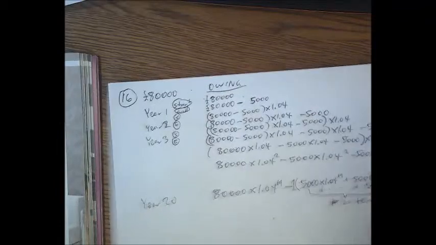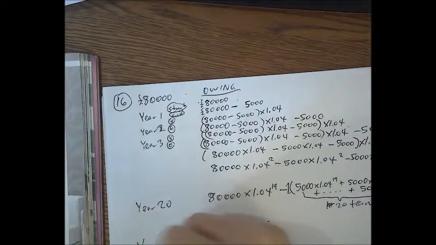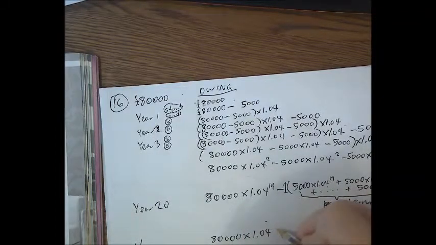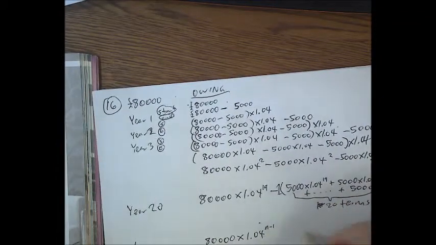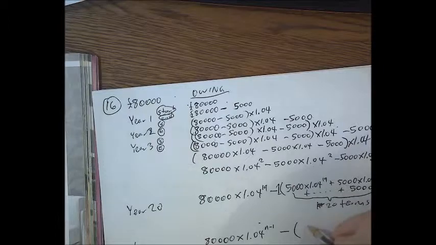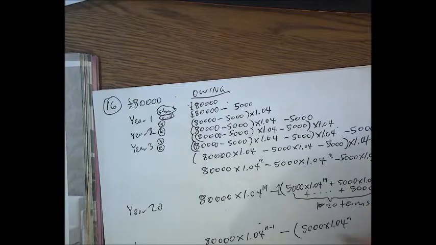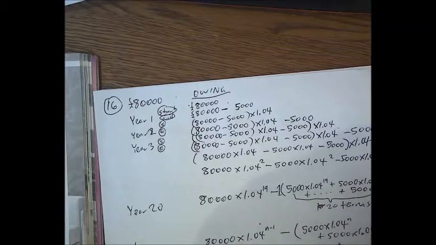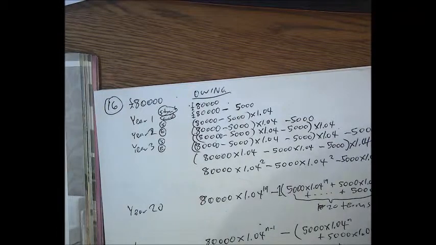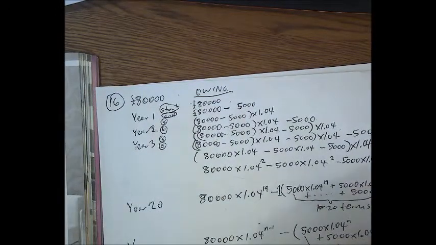But either way, we've just concluded that at year n, what you owe is 80,000 times 1.04 to the power of n minus 1, minus 5,000 times 1.04 to the power of n plus 5,000 times 1.04 to the power of, plus all the way down to 5,000 times 1.04 plus finally a 5,000 that hasn't been boosted at all, and that will be n terms.